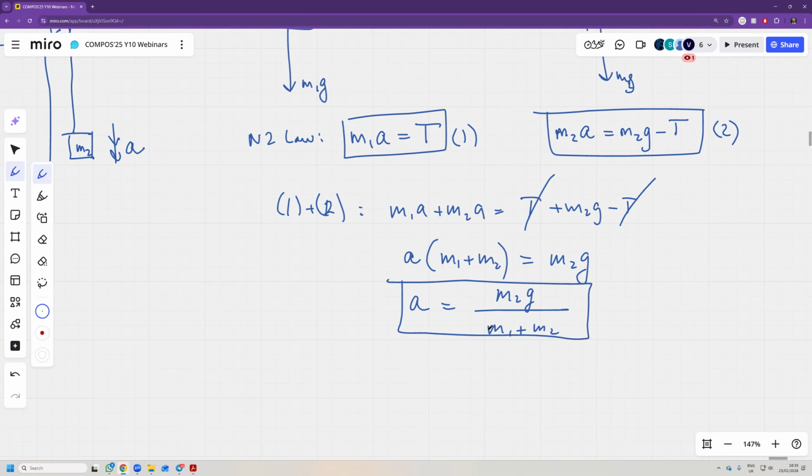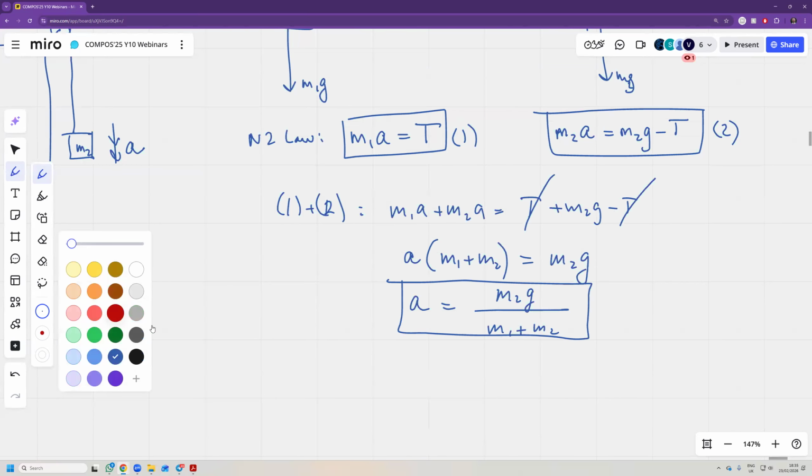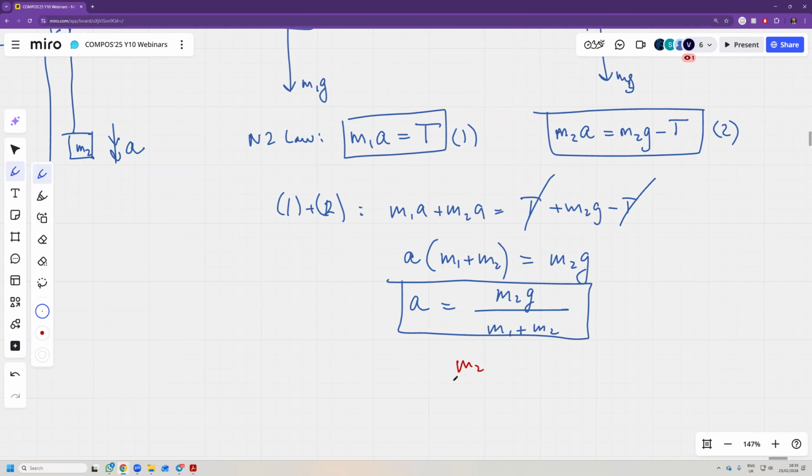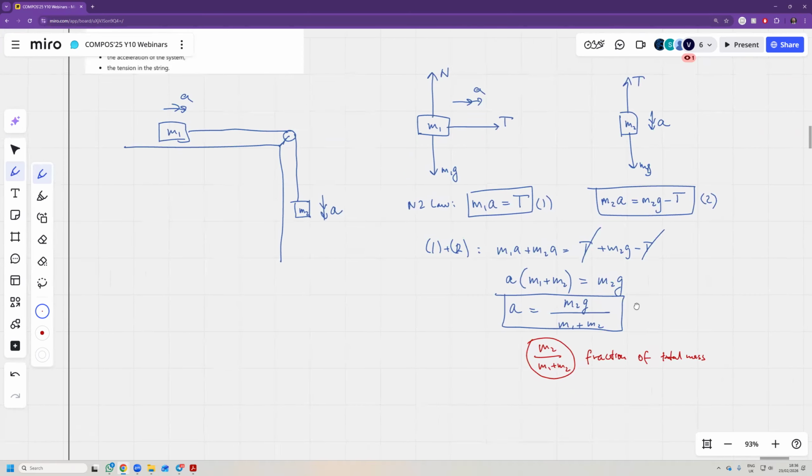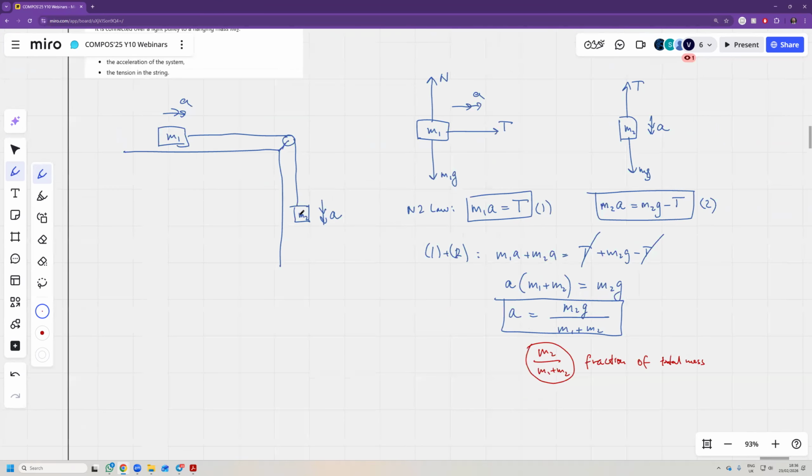So if you think about it, this is quite a nice result. M2 over M1 plus M2, that's the fraction of total mass. It's what fraction of the mass belongs to M2, because gravity is only accelerating M2.